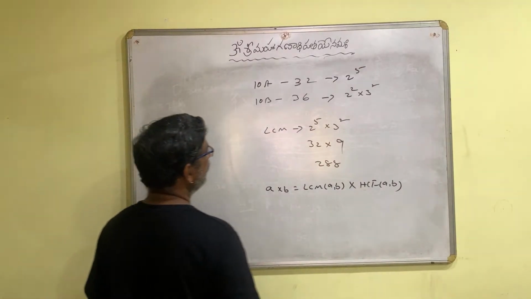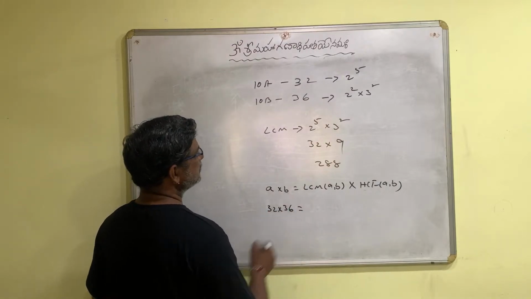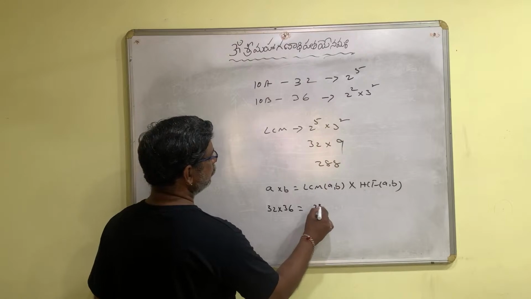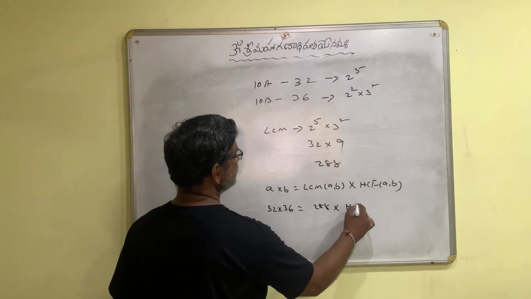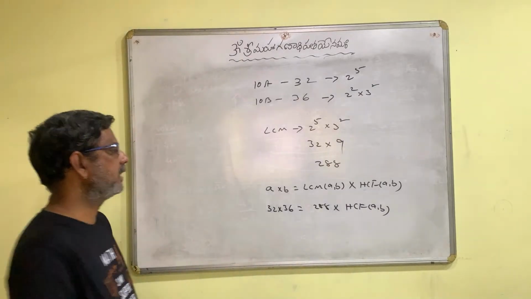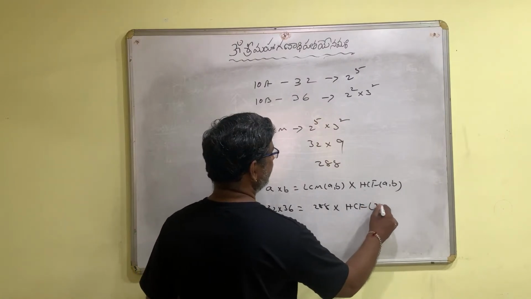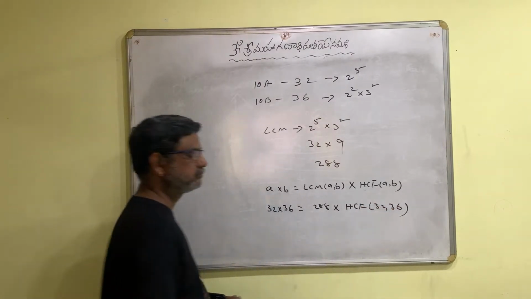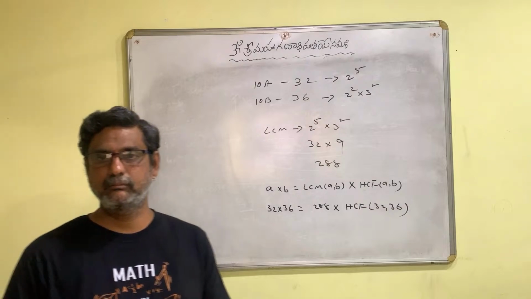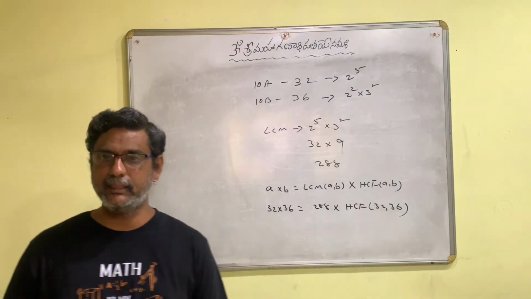Okay. Now, A 32, B 36, LCM 288 into HCF of A comma B. In the place of A comma B, you can take 32 comma 36.